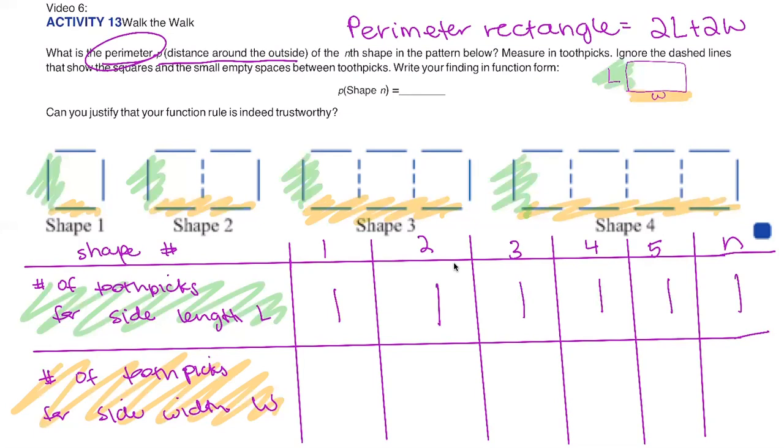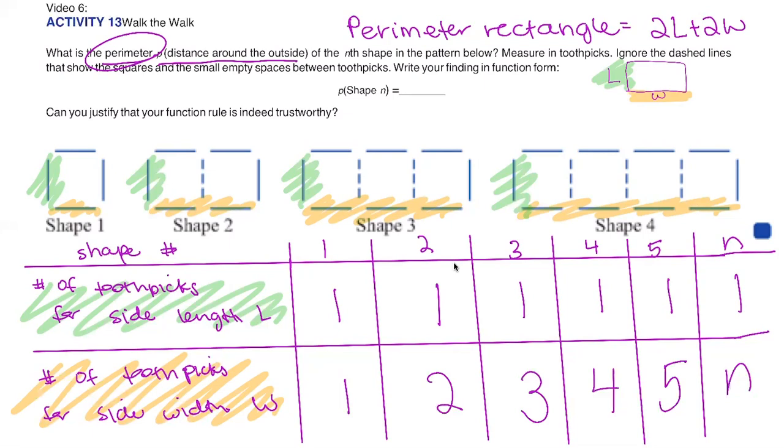Now for the number of toothpicks for the width W, I lied to you. 1 toothpick in shape 1, 2 toothpicks in shape 2, 3 toothpicks in shape 3, 4 toothpicks in shape 4. Well, those numbers match with the shape number, so I'm going to say 5 toothpicks in shape 5, and then N toothpicks in shape N.